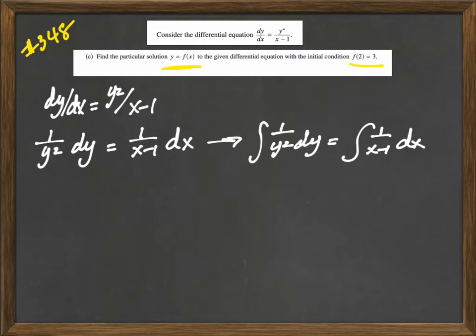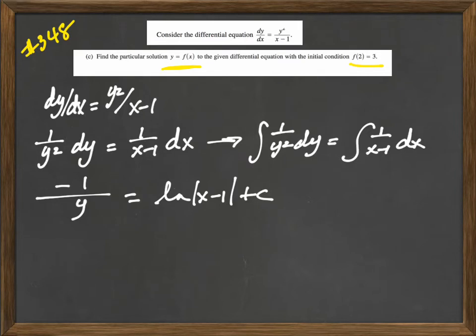The antiderivative of 1 over y squared is negative 1 over y. And that's equal to ln of x minus 1 plus c. And so we have that.